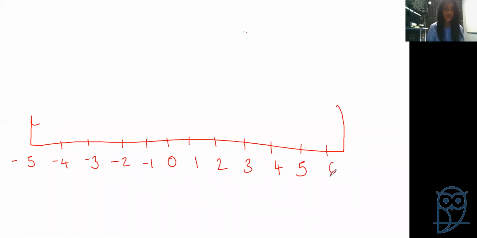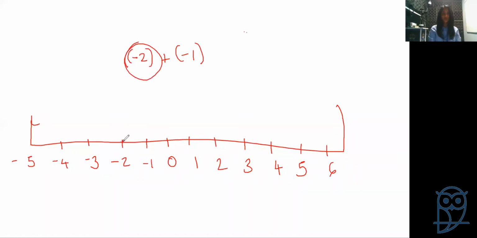Now, if I had to do a sum like -2 plus -1, which way will I be jumping on my number line? To the right or to the left? In this instance, we're going to start at -2 because that's where it tells us to start.